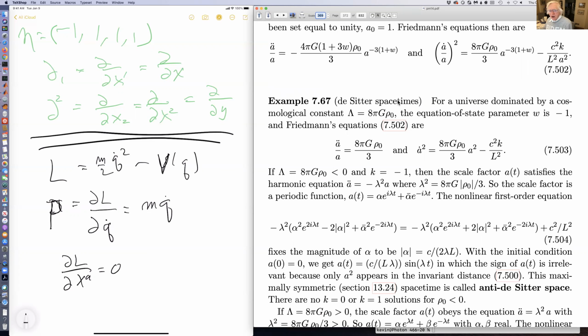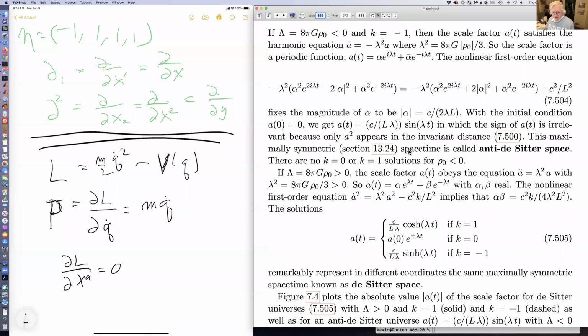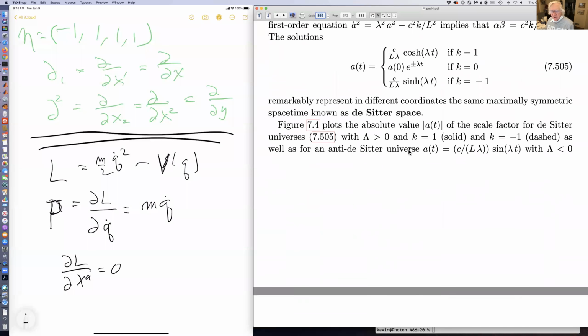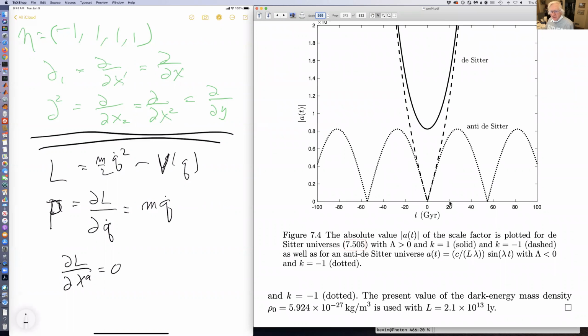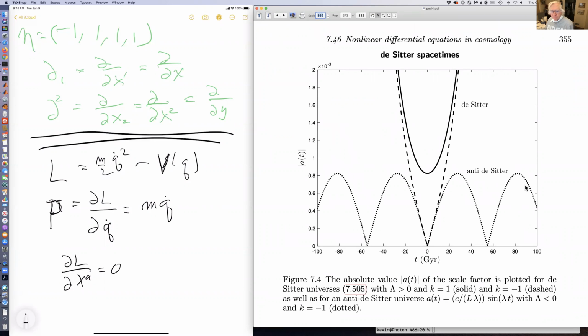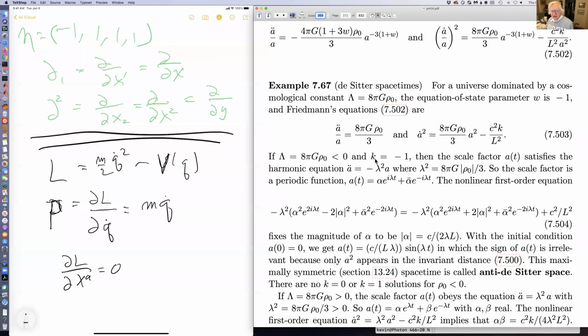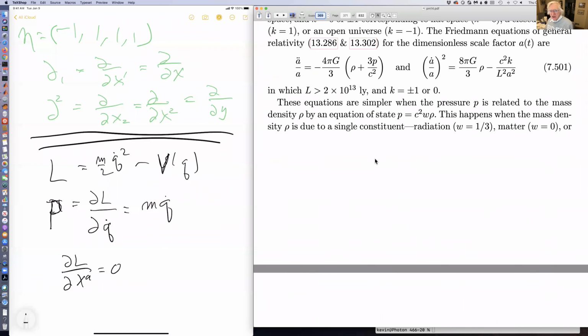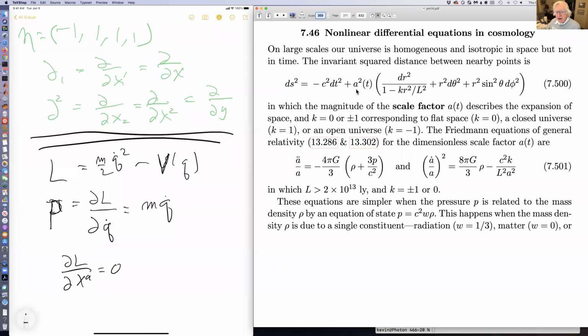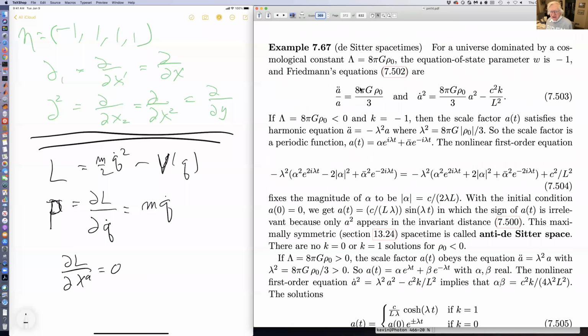They're cases where a cosmological constant dominates spacetime. So forget matter, forget radiation, just consider a universe of dark energy. And then what do you have? Well, you have these various possibilities. And here I'm taking the absolute value of a of t because I'm taking the point of view that a squared is the only thing that's physically meaningful, and consequently a can be negative.